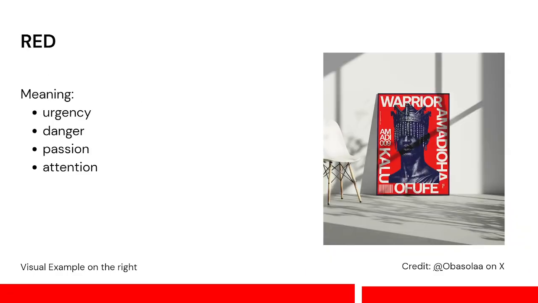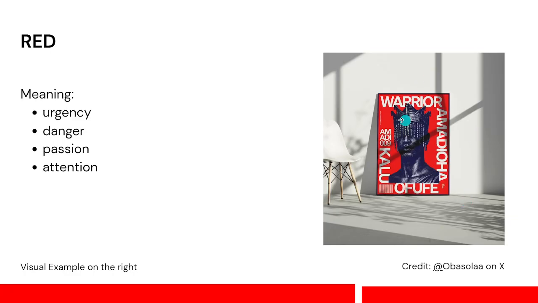And now I'm going to be explaining some colors here. We have red. Red means urgency. It can also mean danger, passion, and it also attracts attention. Looking at this visual example on the right, this design is credited to Obashola Onex, one of the prominent designers on Twitter.